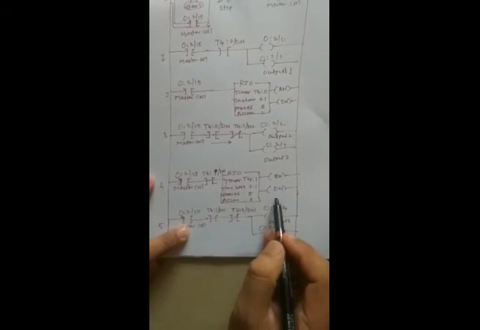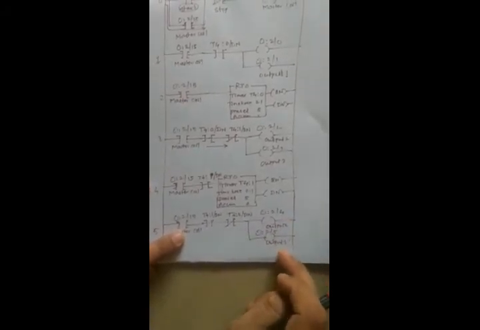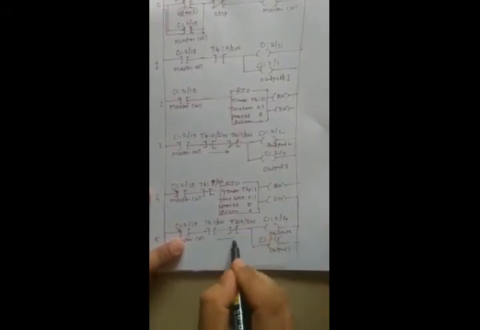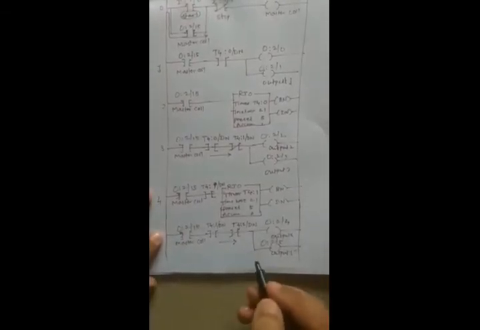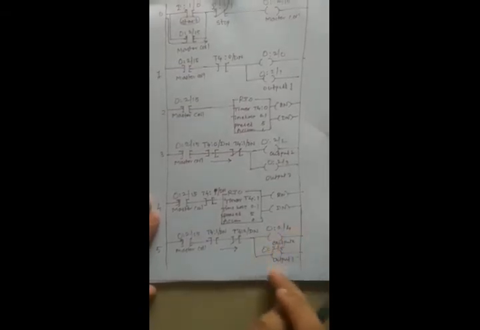Until this timer completes its timing, outputs 4 and 5 will remain on. And in the next rung, where we have indicated the retentive timer, when the done bit of that T4:2 is enabled, it will disconnect the path. So the current flowing through this path will be deactivated, it breaks the supply, and therefore outputs 4 and 5 will become off. So in this way you can turn on and turn off the lights.